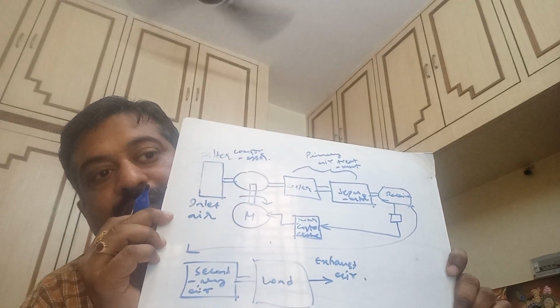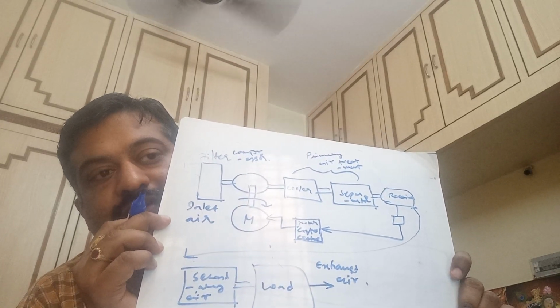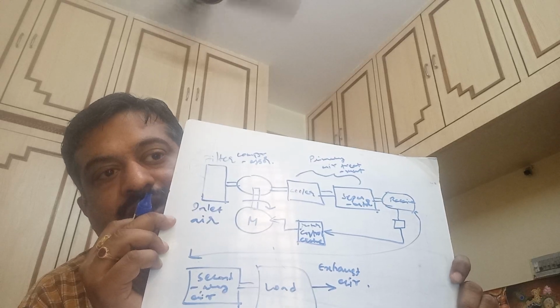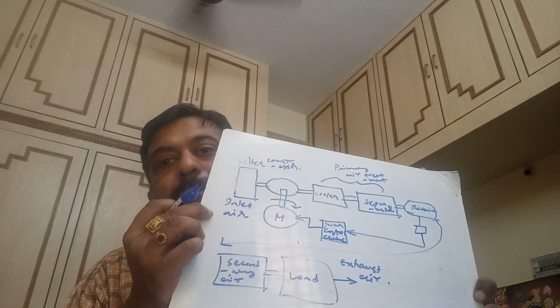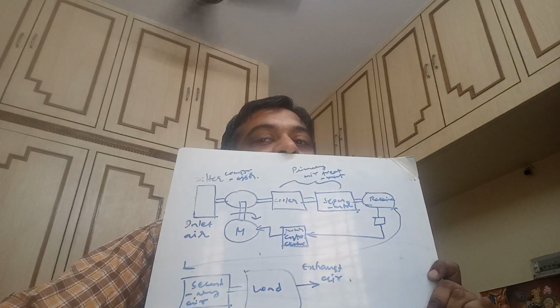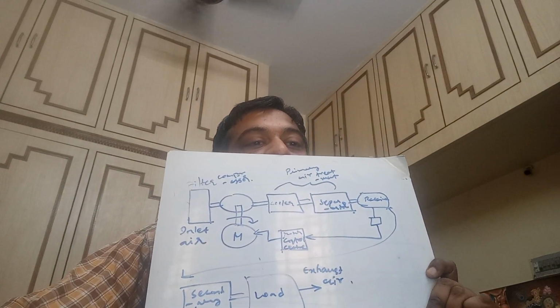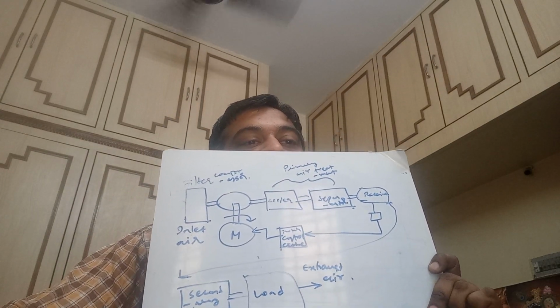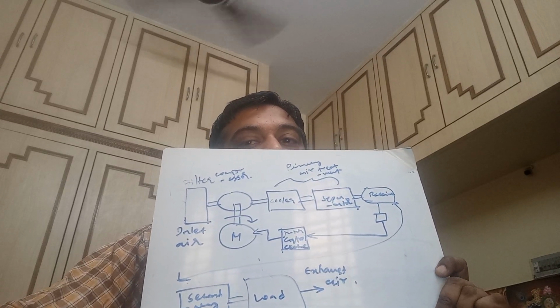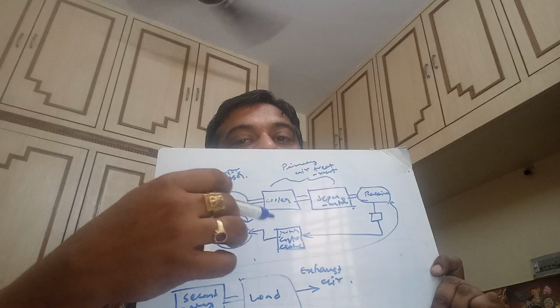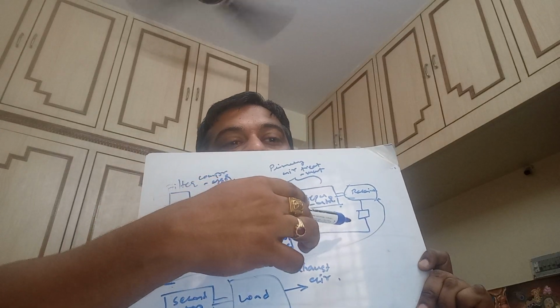We are talking about air treatment and air pressure regulation. Simple. That completes the entire pneumatics part. Then the receiver, we are having one receiver. Then the pressure switch is there, and with the pressure switch we are having the pressure regulating valve.